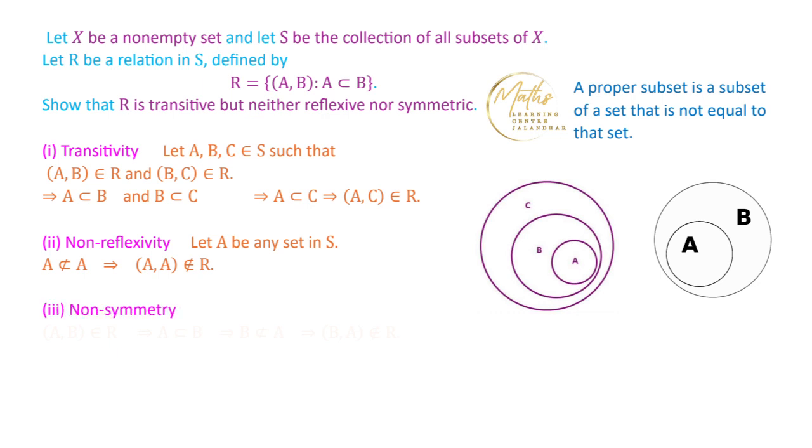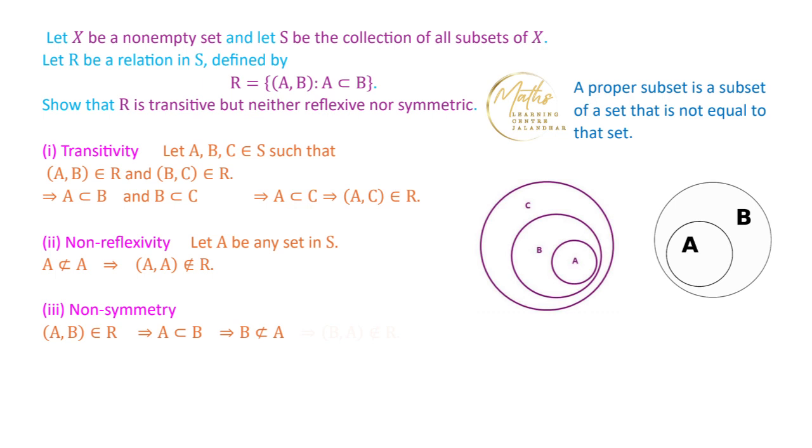So when we are talking about non-symmetry, we are considering the element A comma B belongs to R. A comma B belongs to R means we are saying that A is a subset of B. And we know that if A is a subset of B, then B cannot be a subset of A unless A and B are equal to each other.